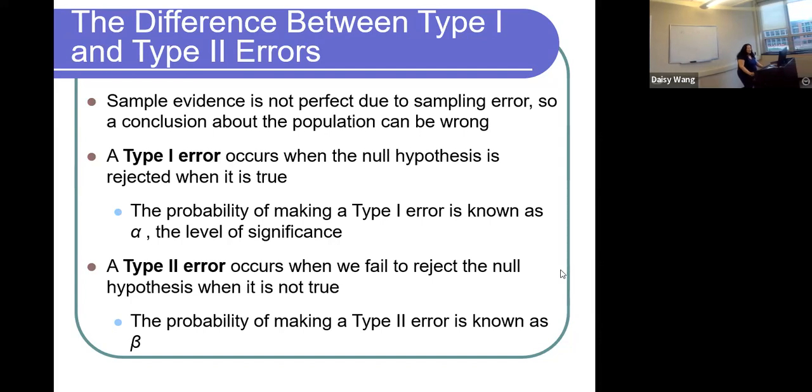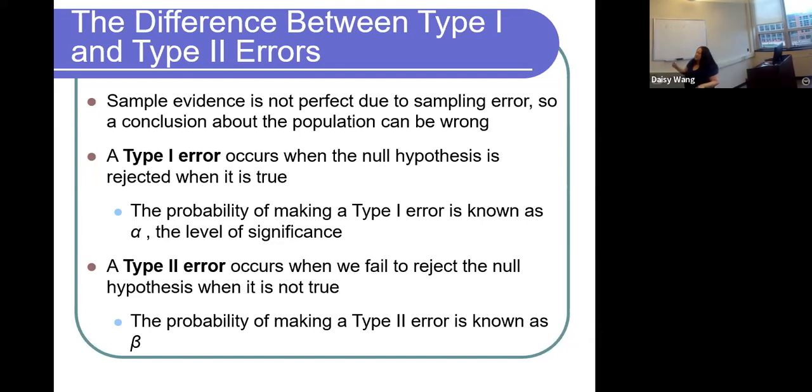So when we decide how accurate we want it to be, we would have type 1 error, which is a significance error. So alpha also shows that it's when the null hypothesis is rejected, even when it's true.